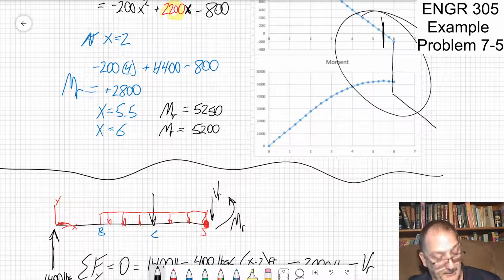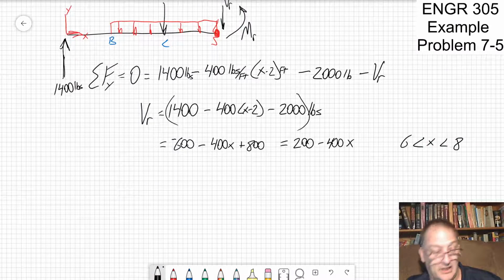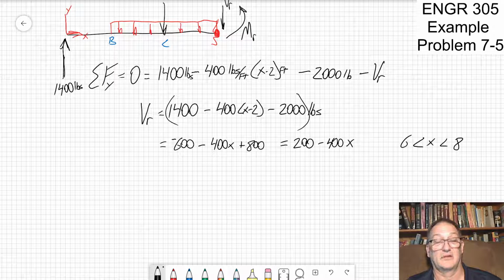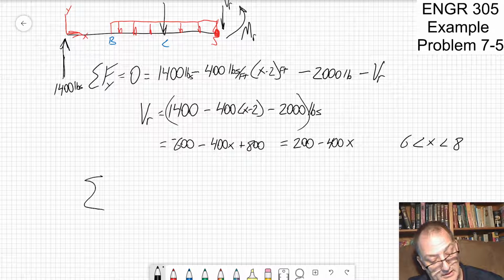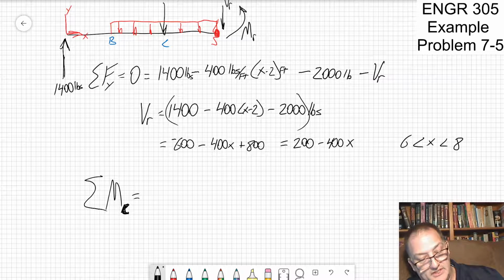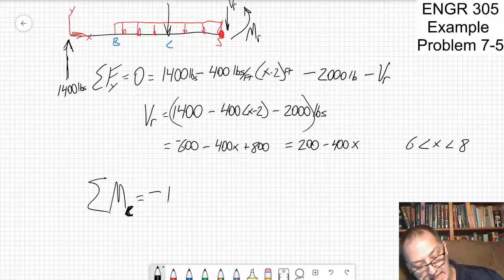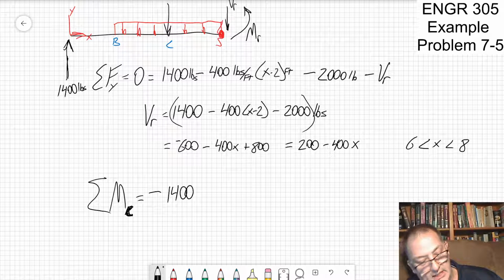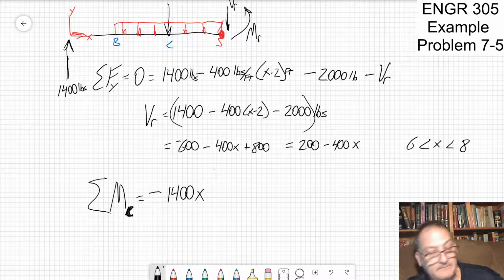It shows up there. Let's keep working my moment equation. You know my moment equation is going to stink, don't you? Because the sum of the moments in y about the cut is equal to, I've got 1,400, it's negative 1,400 times x.